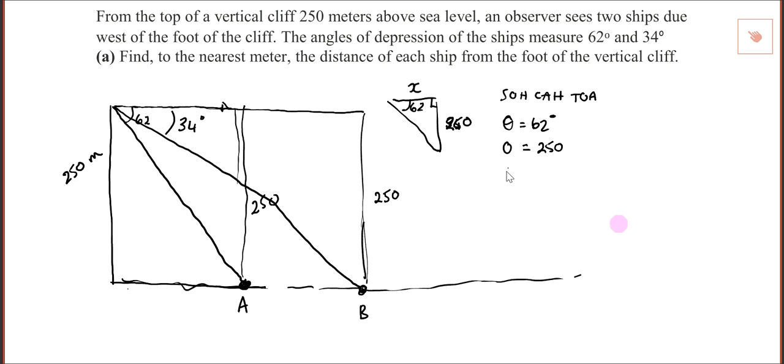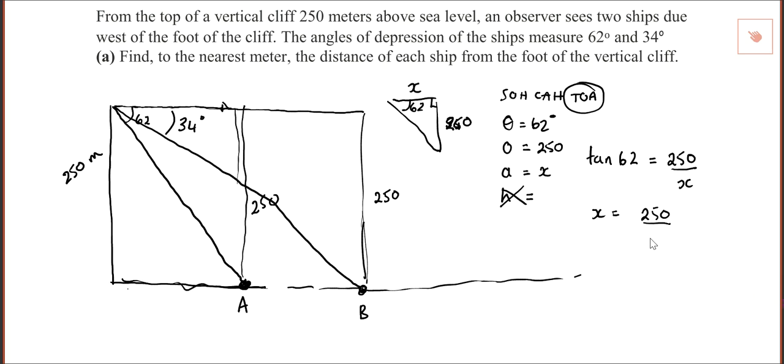The adjacent side is x, and the hypotenuse is don't know, don't care. All right, so I'm going to be using tan. So tan of 62 equals 250 over x. So then x is equal to 250 divided by tan of 62 degrees. Okay.